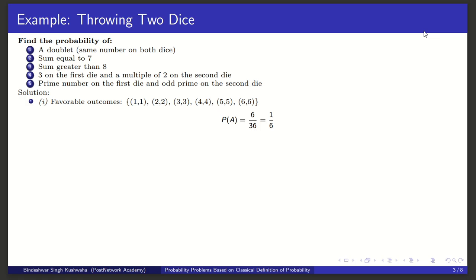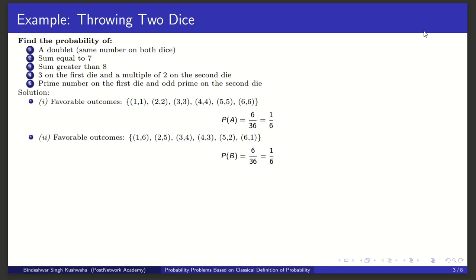So first, doublet means on first die and second die numbers are the same. So if you throw 2 dice, there would be 6 favorable cases. So the probability of the event would be 6 upon 36 and that would be 1 upon 6.